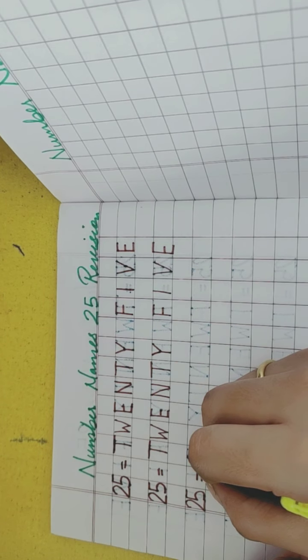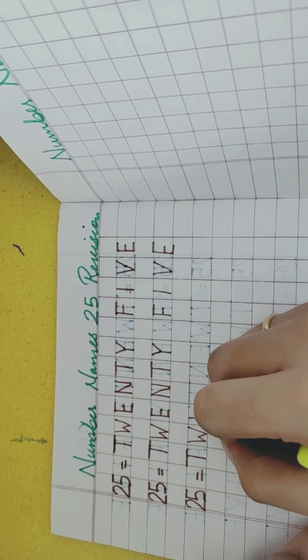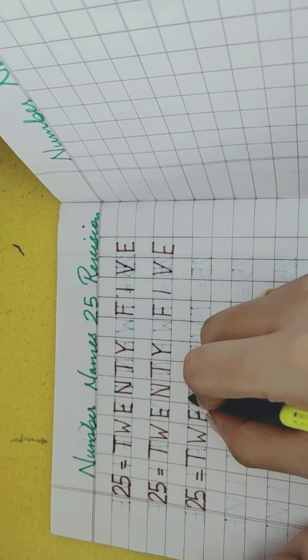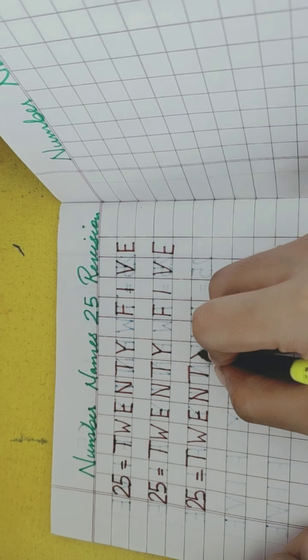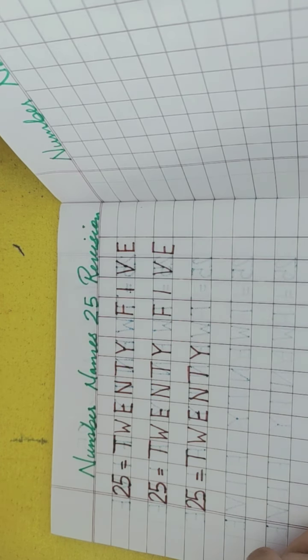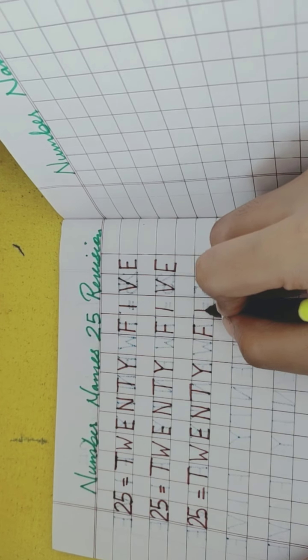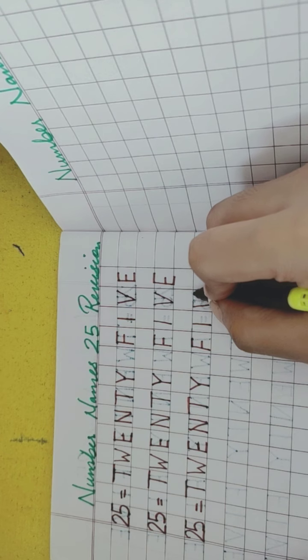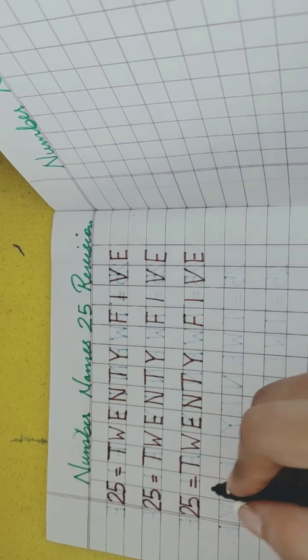Again repeat with me. T W E N T Y, 20, F I V E, 5, 25.